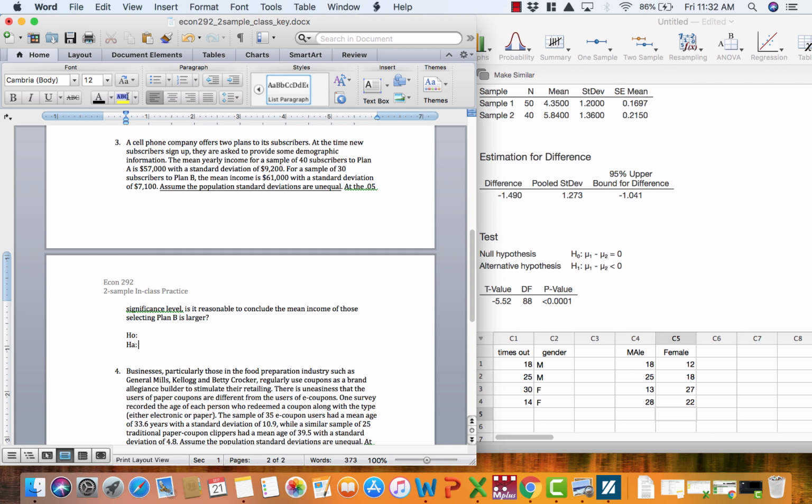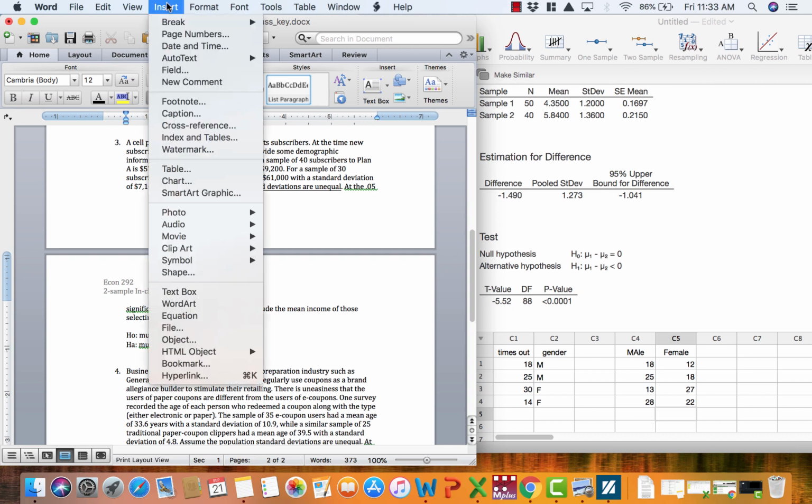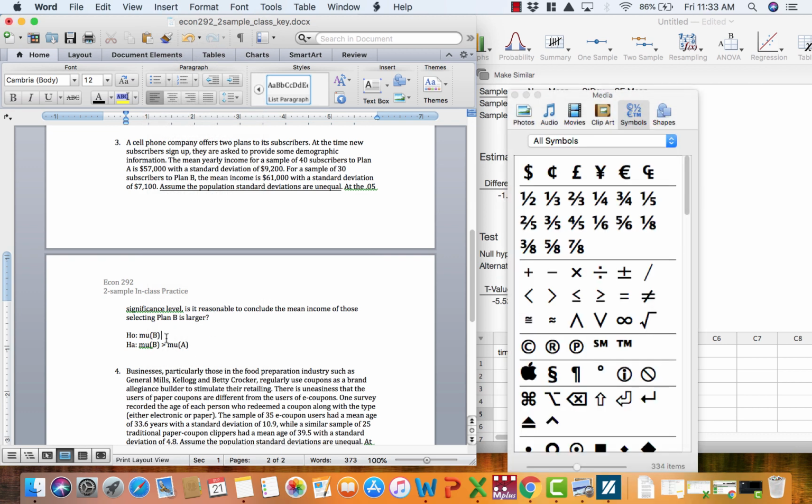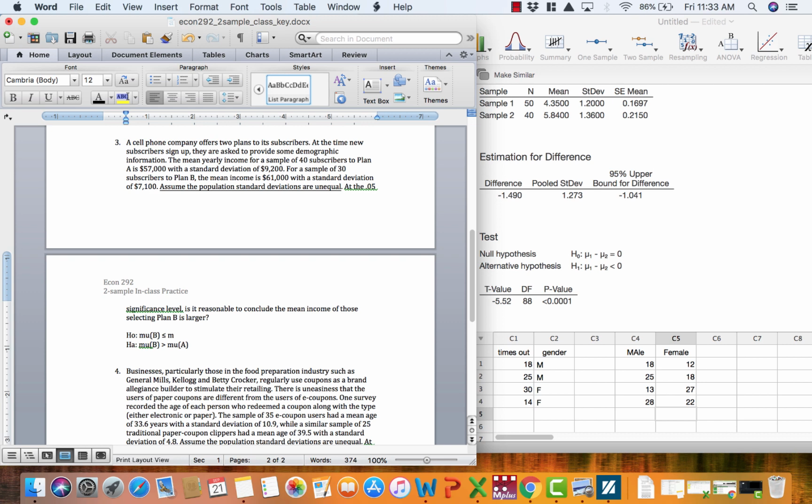So is mu B larger than mu A? That's what we read in the question. So our null would be mu B less than or equal to mu A. So far so good.